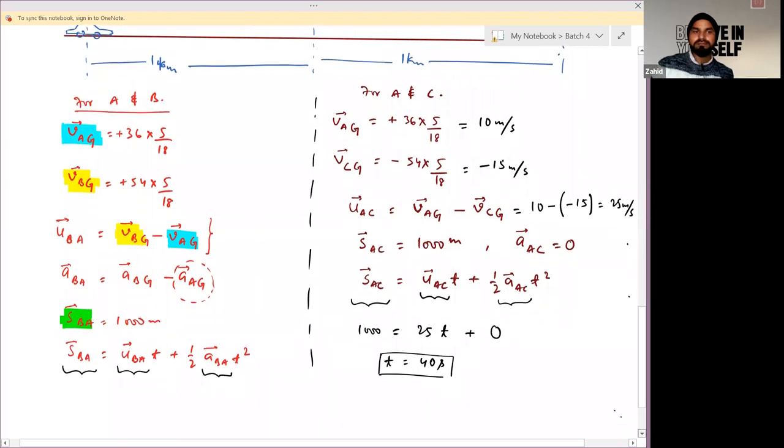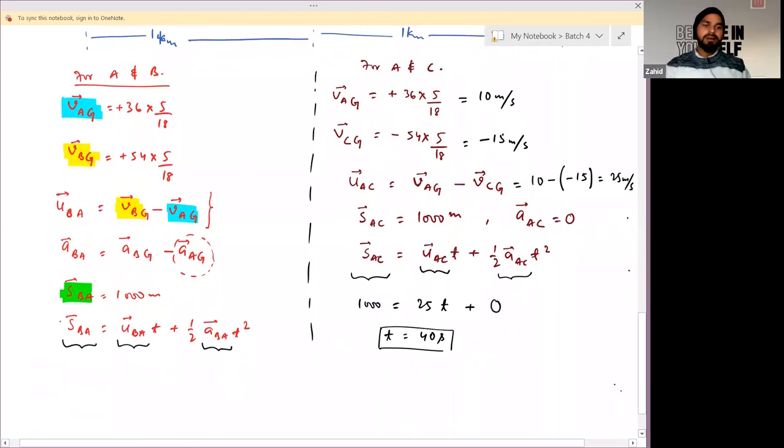Displacement of B with respect to A is 1000. Initial velocity of B with respect to A, if you simplify the above expression, you will get 5. Time is 40 plus half acceleration of A with respect to B, which is this term you have to find. Time is 40 square. So 2 into 20 time.